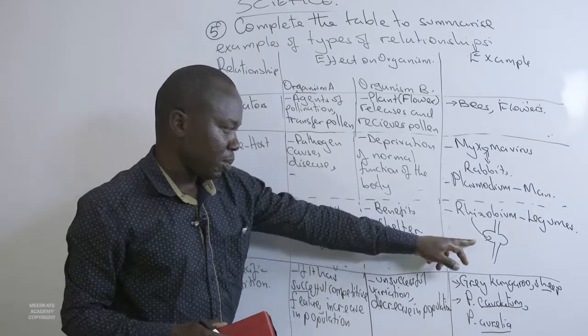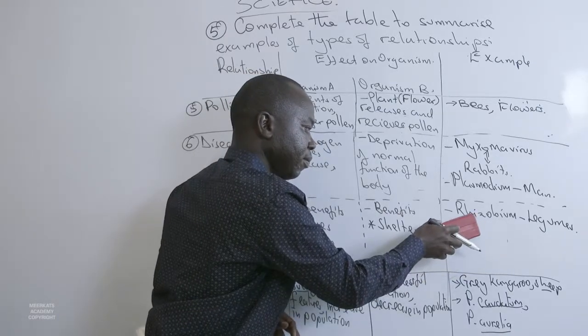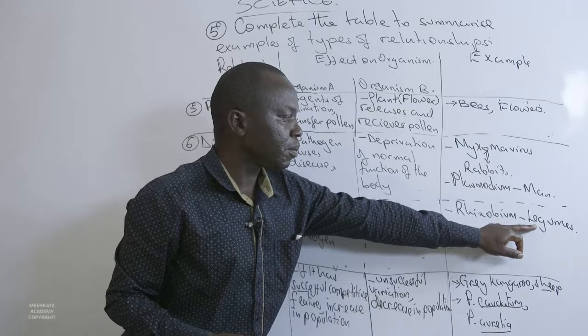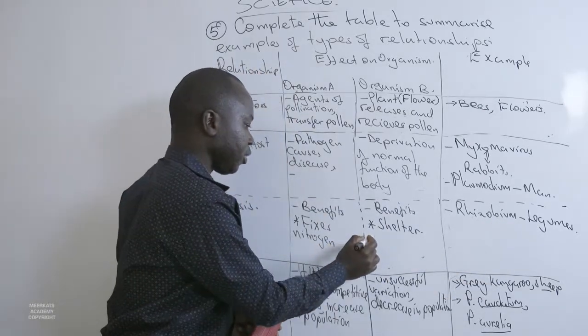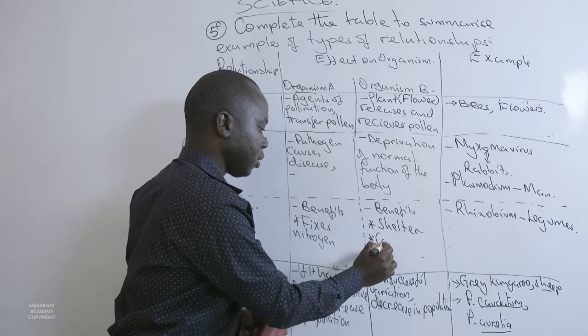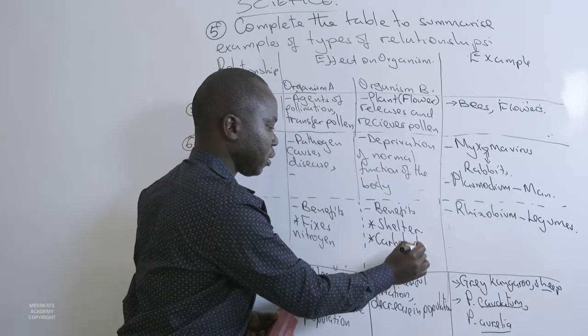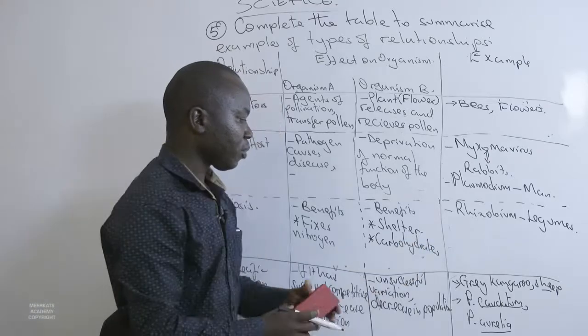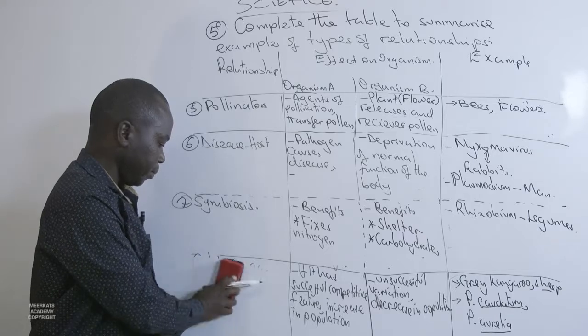So it is providing shelter. But at the same time, as it does that, the legumes being plants, they photosynthesize, producing food, carbohydrates. So legumes provide carbohydrates in this relationship.